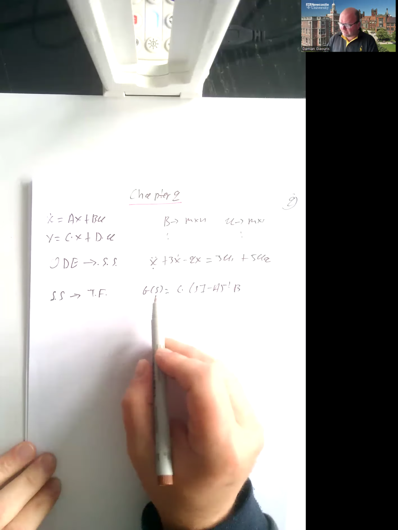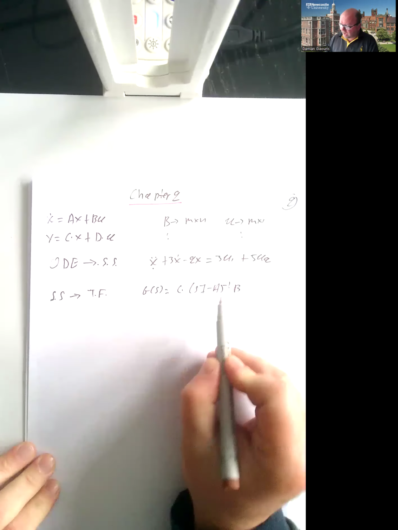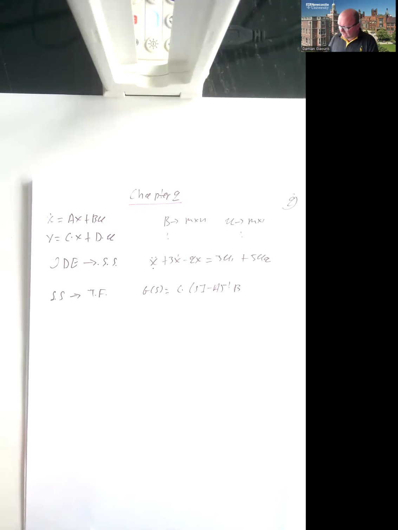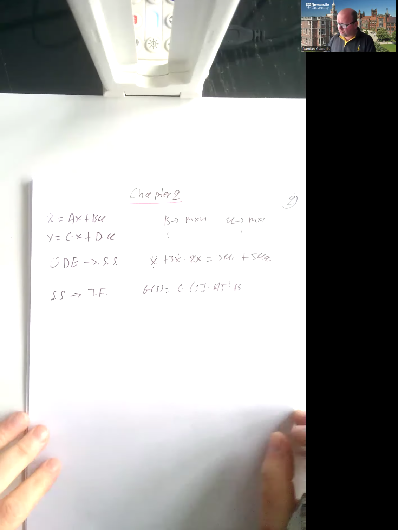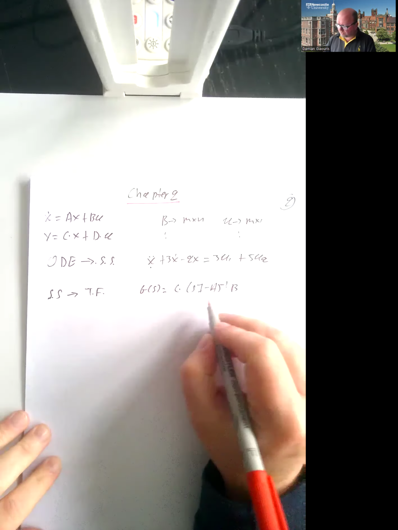If you have to find the specific transfer function given C, A and B, nothing really tricky here. You just have to do the multiplication. Just a friendly advice, try to do the multiplication with the most zeros.